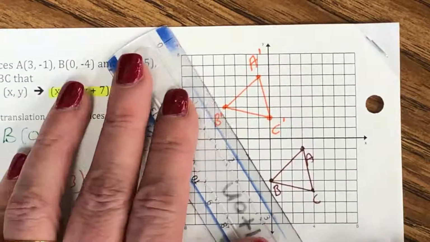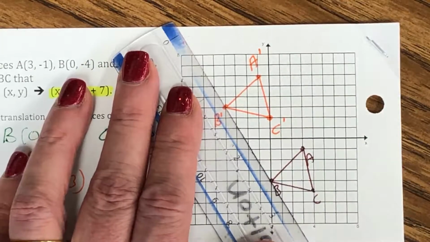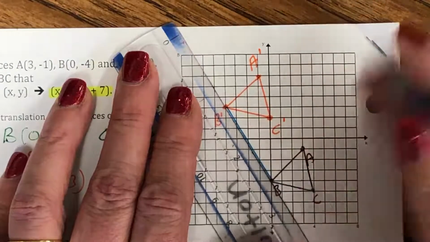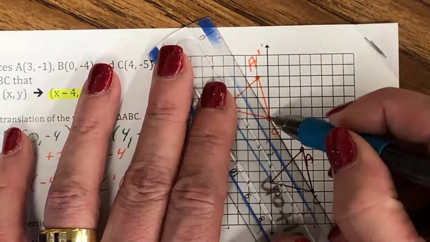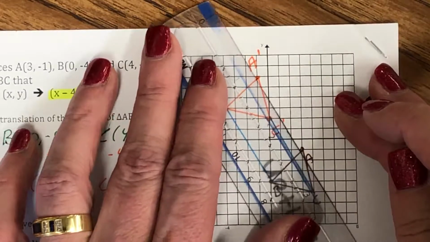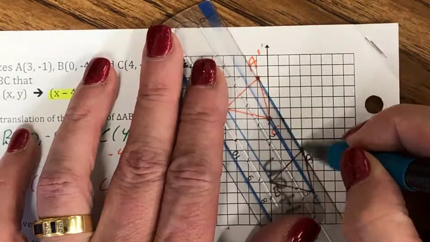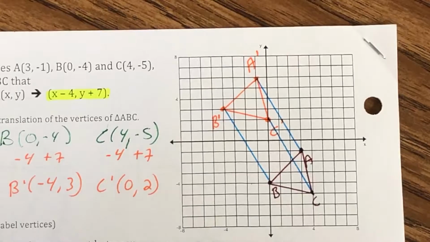So if I connect B and B prime, and I connect C and C prime, and A and A prime. Okay, so are they parallel?